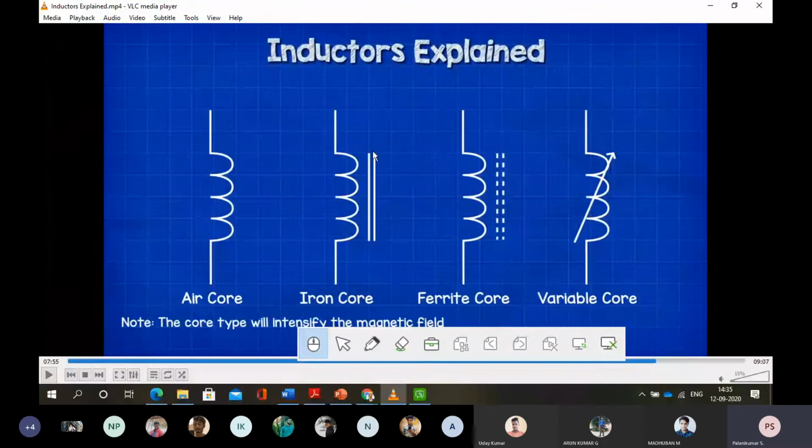If an iron core is used, it is an iron core inductor; the best example is the choke used for fluorescent lamps, transformers, etc. And if a ferrite core is used instead of iron core, I have to mention it with a dotted line. Likewise, for a variable inductor, with a variable core, I have to represent it with an arrow mark like this.